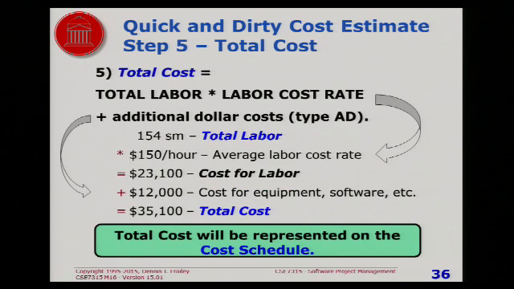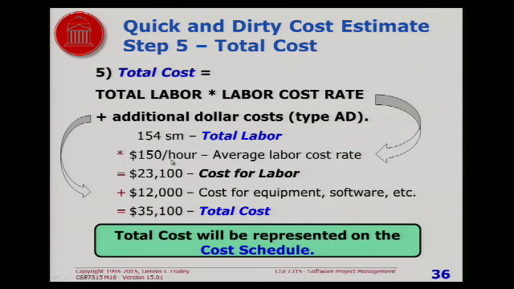And then step 5 is where you convert all this to money. And the way you do it is you take what you had before and multiply it by the average cost of an hour of labor. And again, you're doing a 30-minute version, so you just have some number. Let's suppose the average person developing software costs $150 an hour.